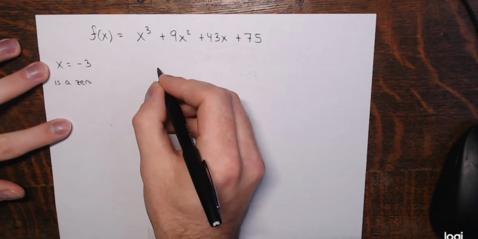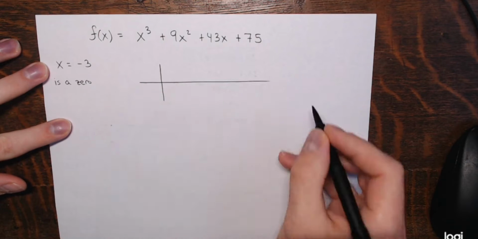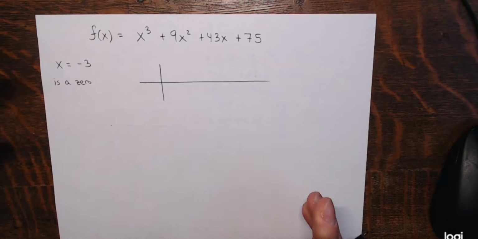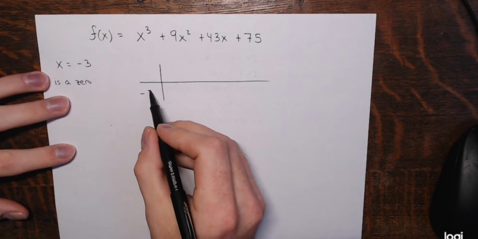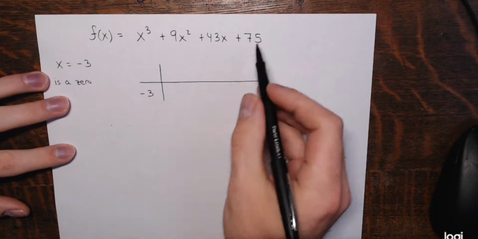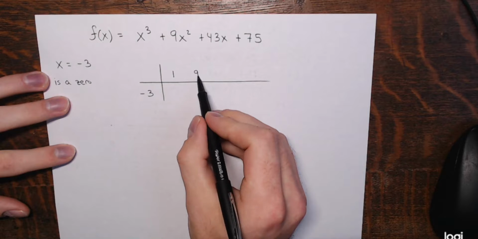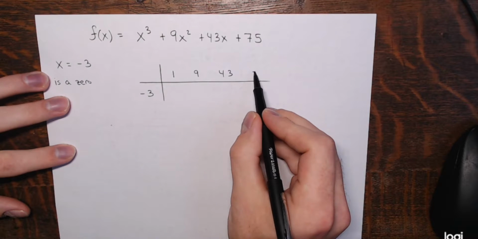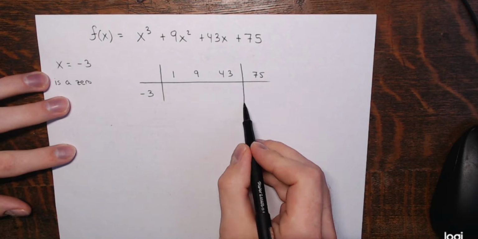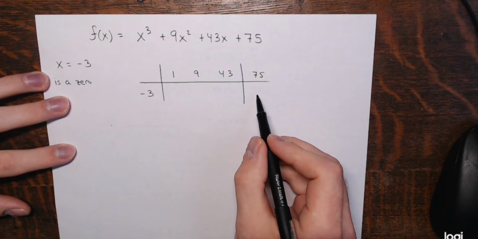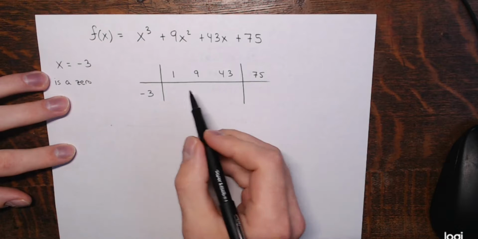Find the other ones. So I'm doing division. Again, synthetic division, make it easy. So negative 3 here, the coefficients of the polynomial up top, 1 for x cubed, 9 for x squared, 43 for x to the first, 75 is the constant term. And again, if what they said is correct, there should be a remainder of 0. So drop the 1.